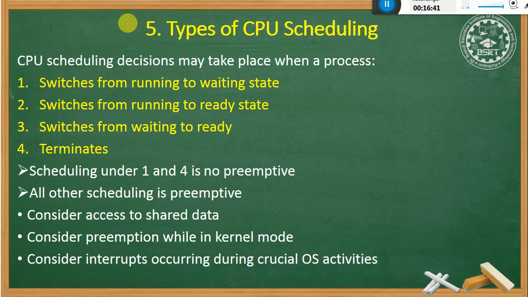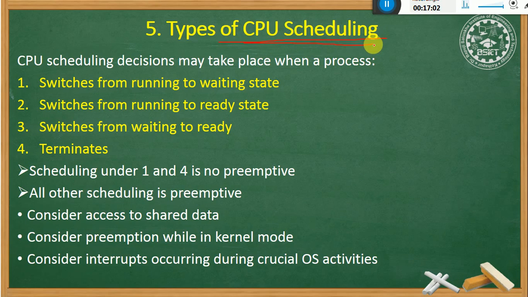It is a very important point. Your focus must be on this, because in which situations is CPU scheduling required? Basically there are 4 conditions where CPU scheduling is used.